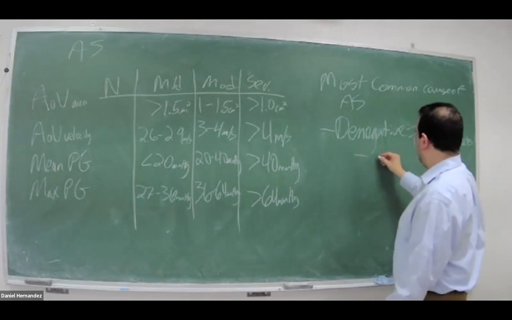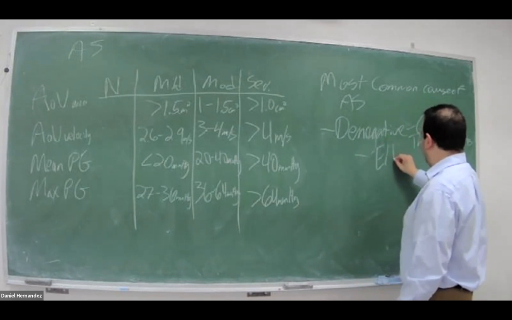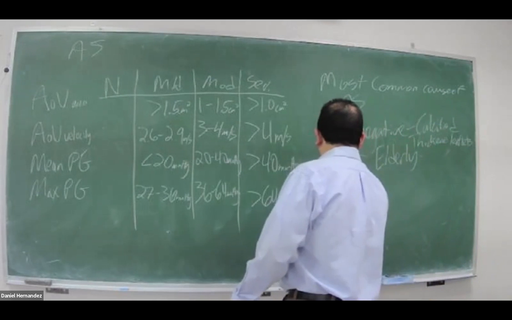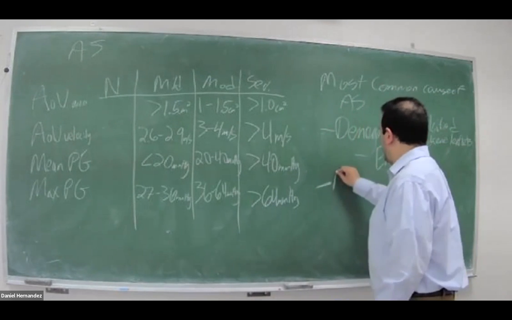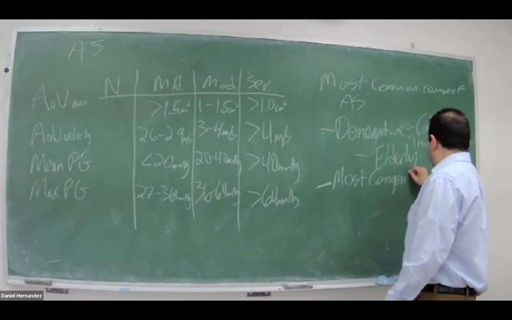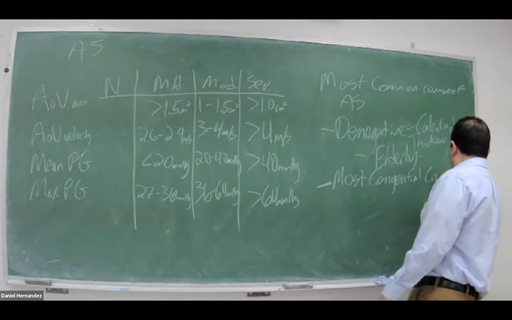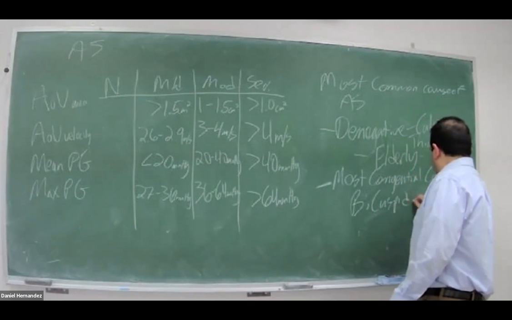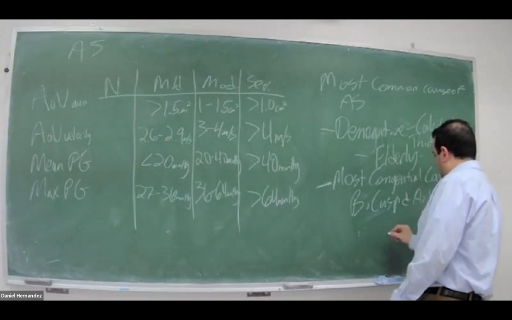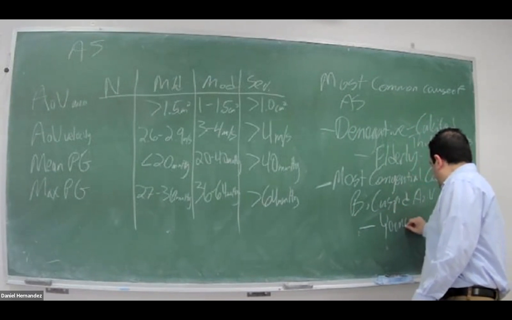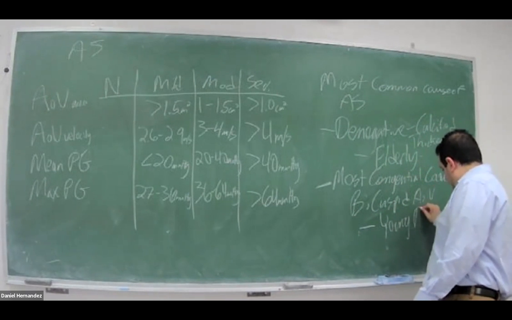So think elderly people. Most common congenital cause: bicuspid aortic valve. So on that, think young population.